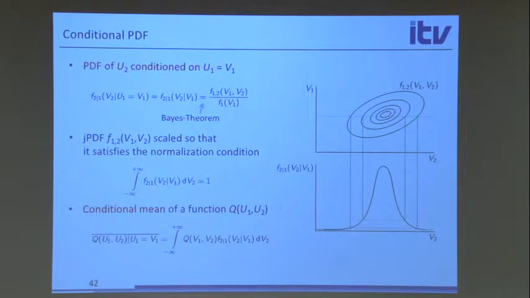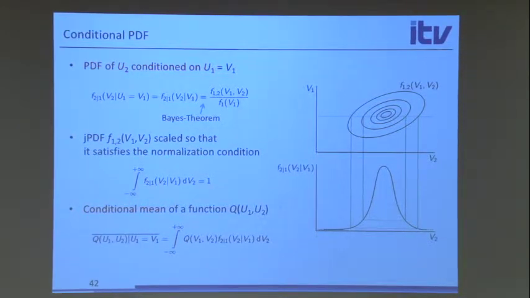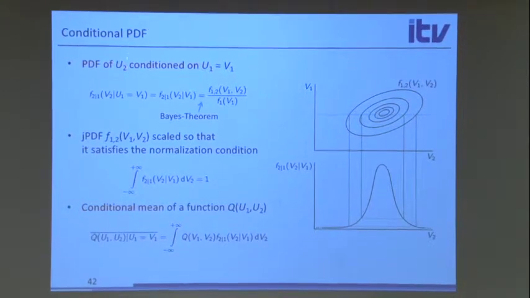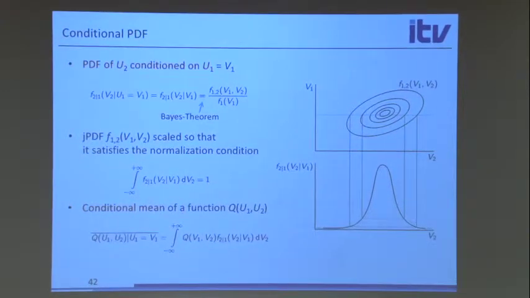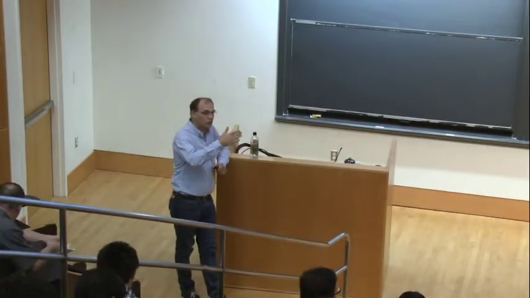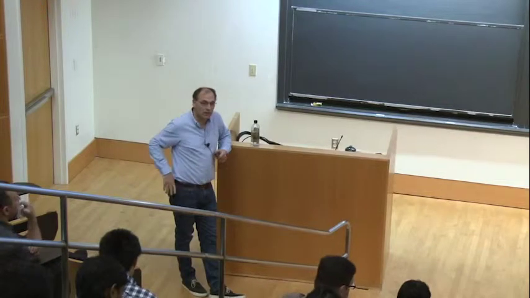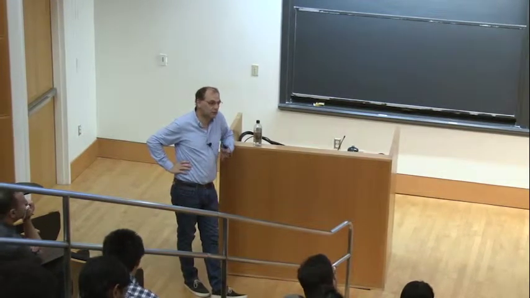Then another important concept is conditioning, the conditional PDFs. If I have a joint PDF as a function of v1 and v2, an interesting question could be, what is the PDF of v1 given a value of v2?